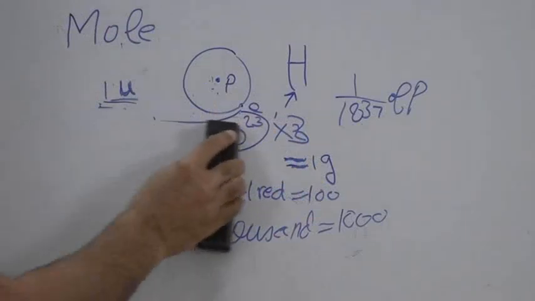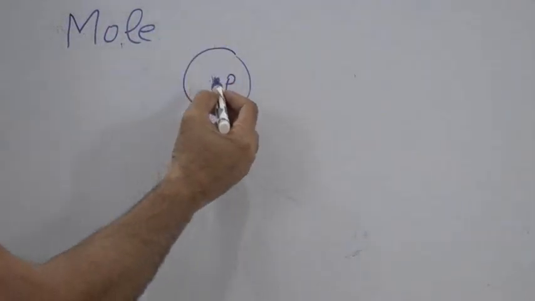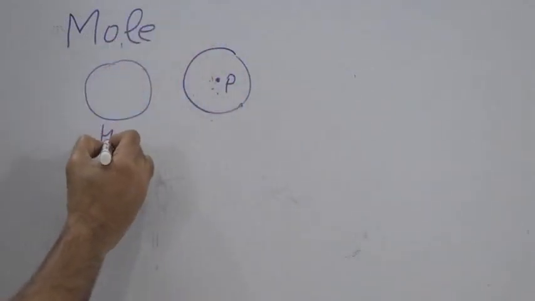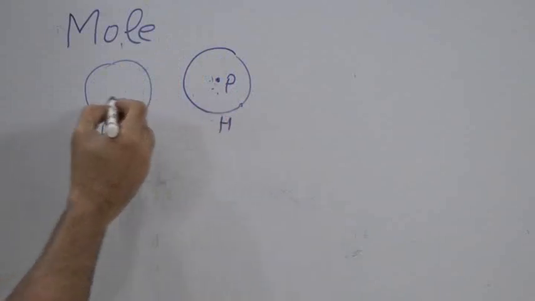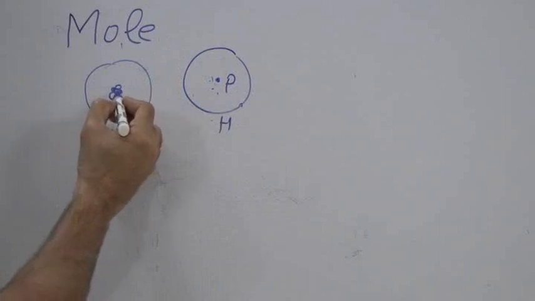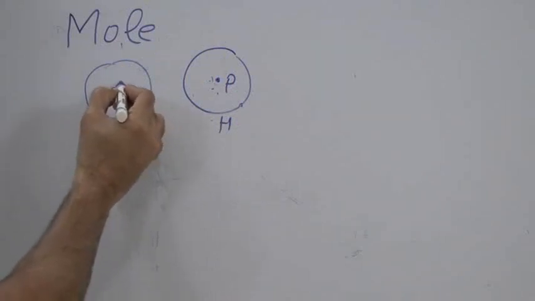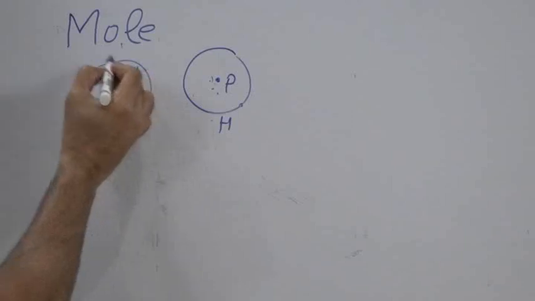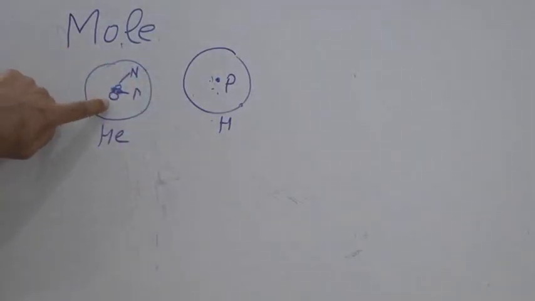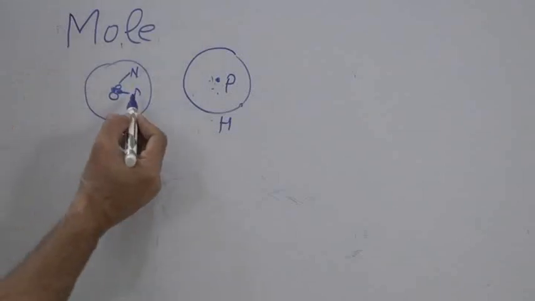Let us go ahead. Here, this is protium. We take helium. In helium, there are 2 protons and 2 neutrons. Approximately every neutron has mass almost equal to a proton.